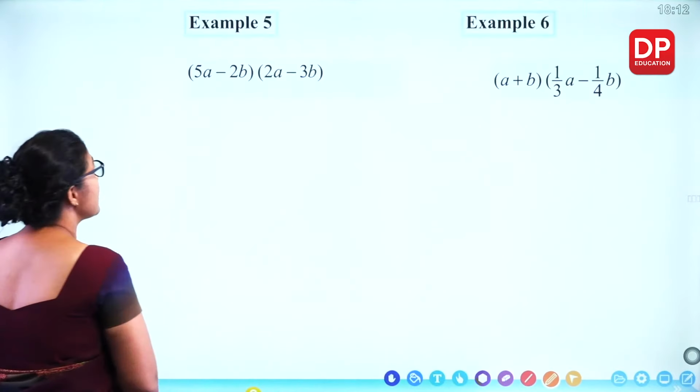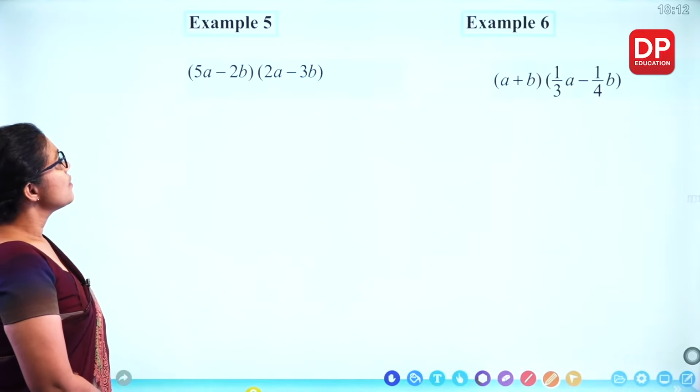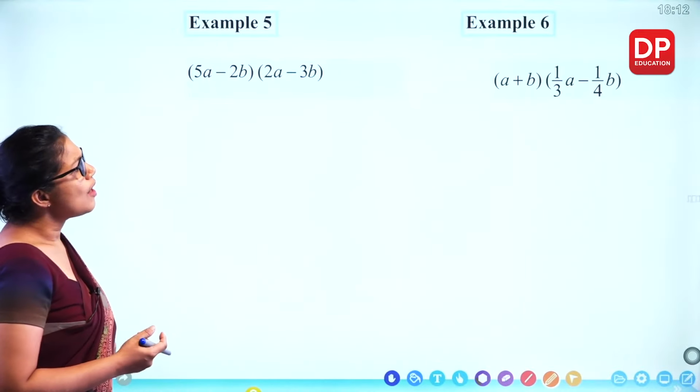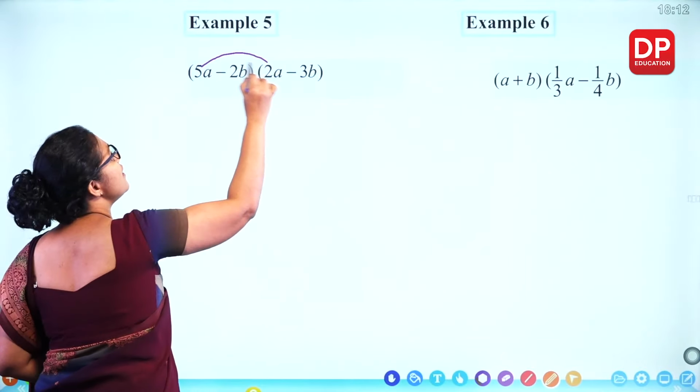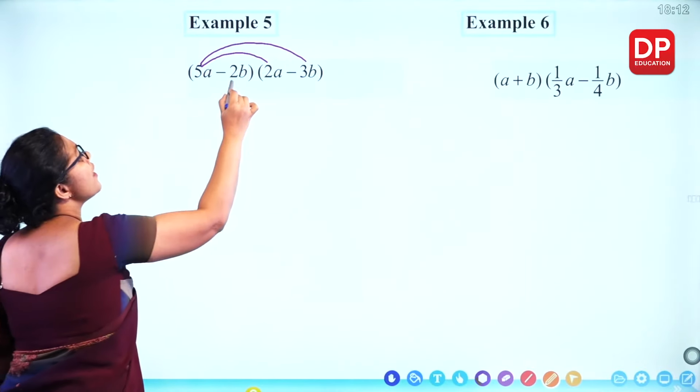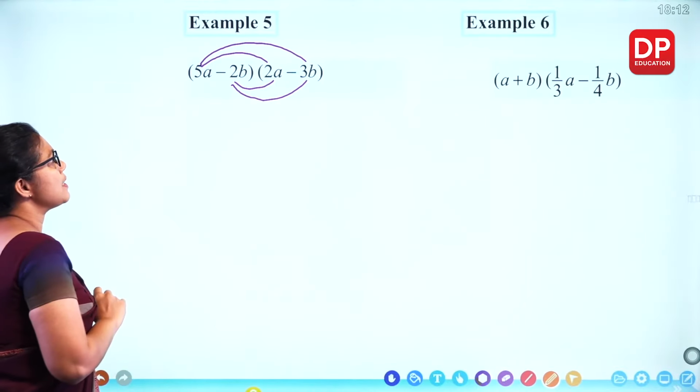We'll look at example number 5. So here again, now we'll use the rainbow method first. It's really easy. We'll draw the two rainbows and then multiply.